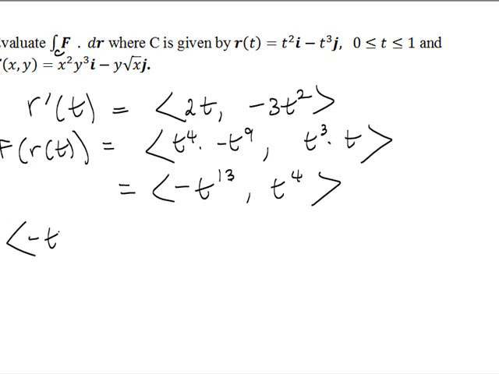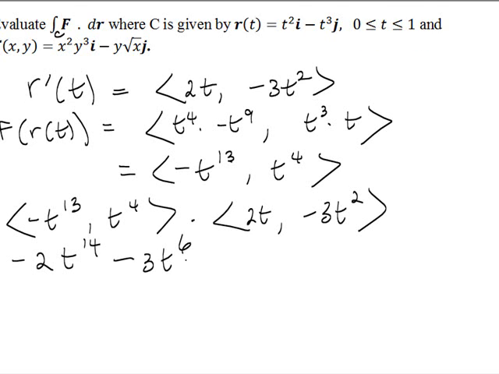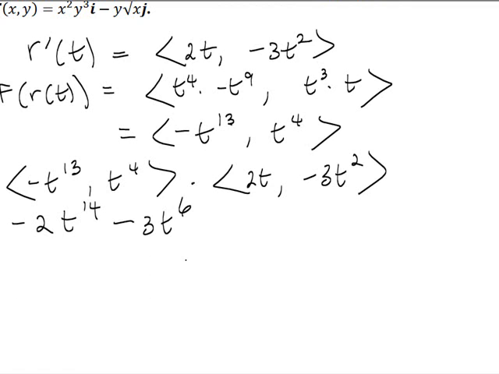Let's find the dot product. You have negative t to the 13th, t to the 4th, dotted with 2t, minus 3t squared, which is minus 2t to the 14th minus 3t to the 6th. Integrate. So t goes from 0 to 1.